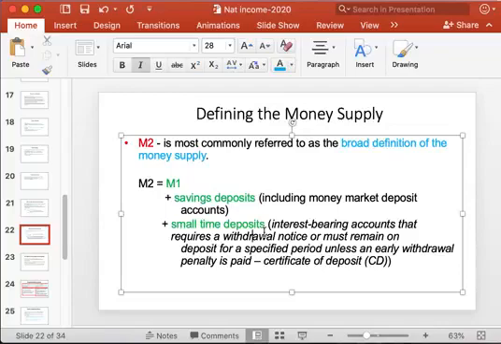So small time deposits are interest bearing accounts that require a withdrawal notice to withdraw the money from the bank, or must remain on deposit for a certain specified period of time unless you want to withdraw early with some penalty. An example of this small time deposit is a certificate of deposit.